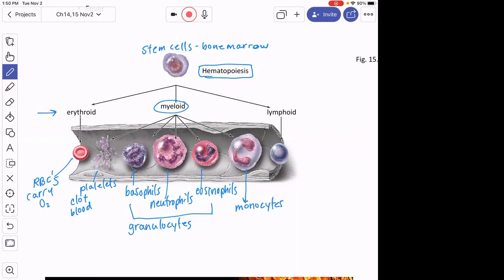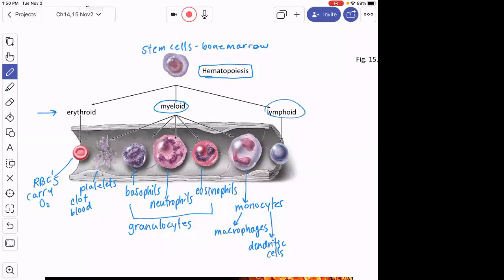And then when they leave the blood and migrate out into the tissues, they give rise to two different kinds of cells, macrophages and dendritic cells. Okay, so we'll talk more about those shortly.